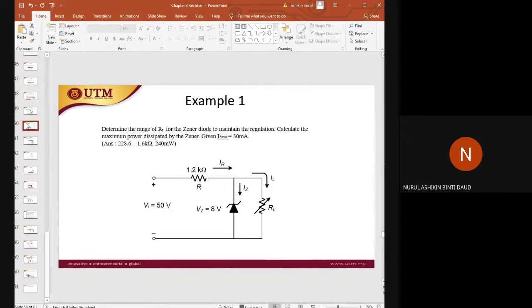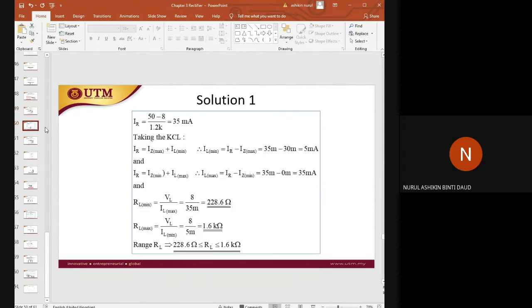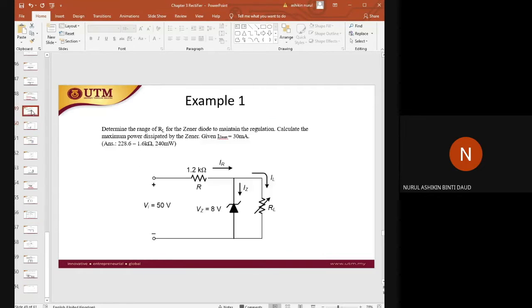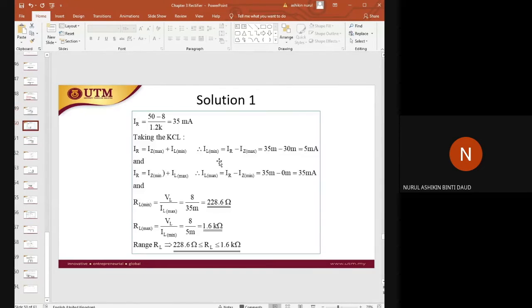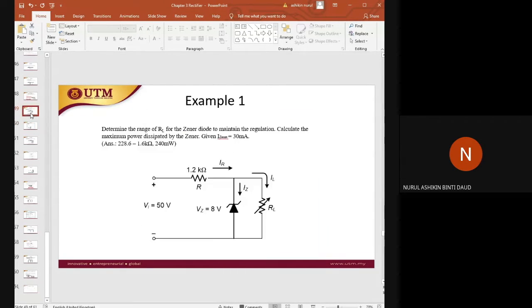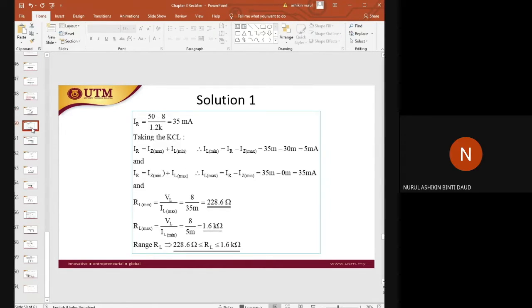Later on, you can also see the example I already gave you and the example solution. I think we don't have to discuss this because it will not come out in your exam. But the solution is also not included inside your handout, right?